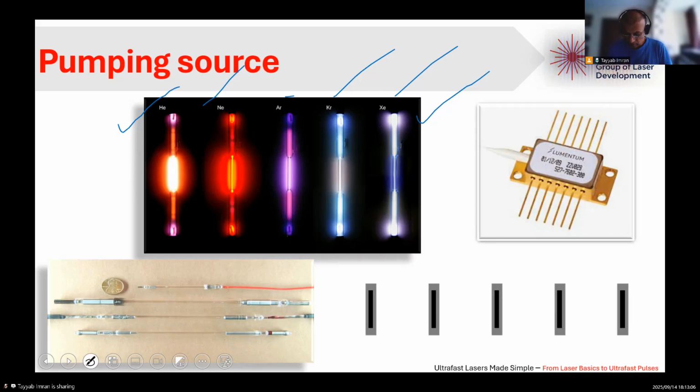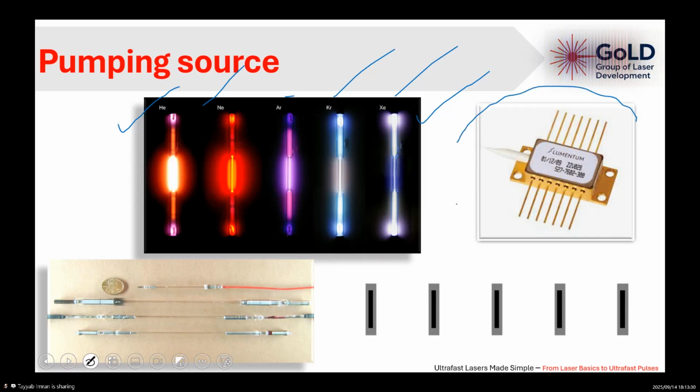We'll see in the next slides that the light is supposed to be absorbed in the highest level, which is called the pump level, the excited level. If the light is not absorbed there, then your pumping is useless, and it will not produce a population inversion.